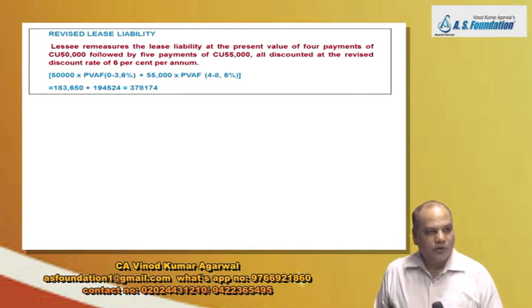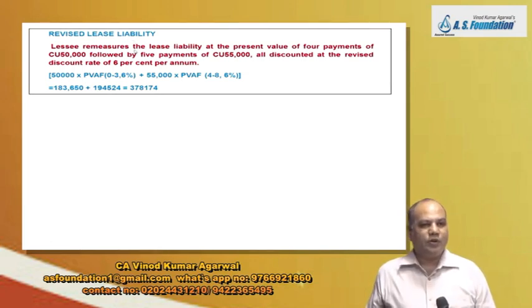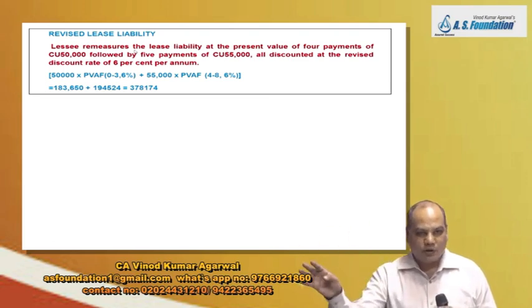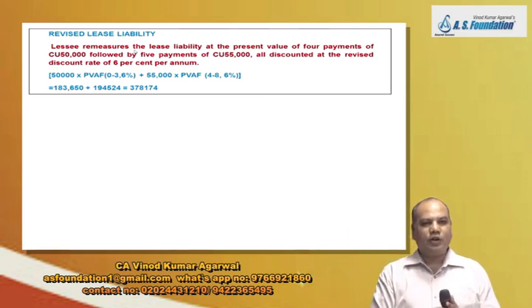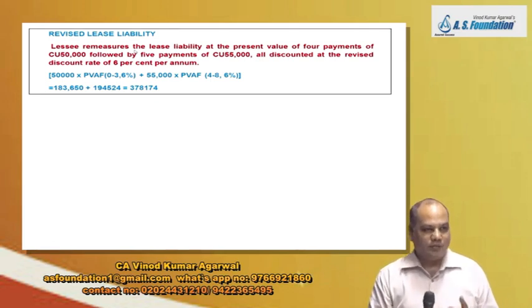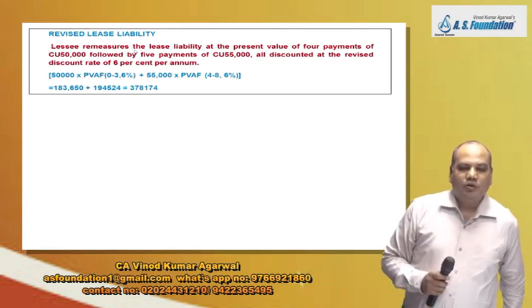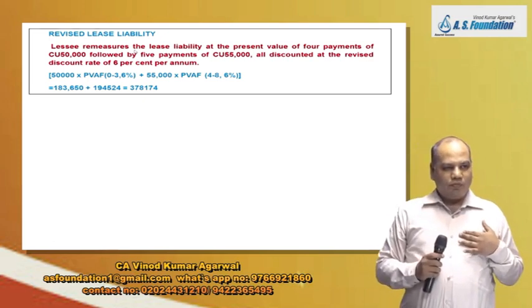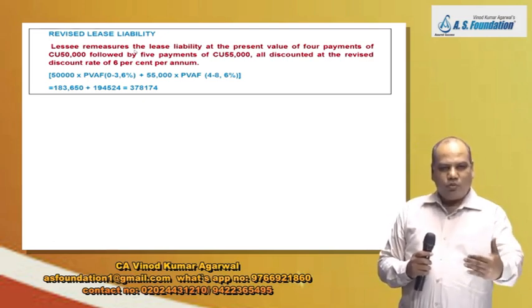Now this calculation is important. Revised lease liability. I have to pay 50,000 in the 4 years, and 55,000 in the next 5 years. But that 50,000 that we have to pay is at the beginning. Beginning means from today 0, 1, 2, 3.